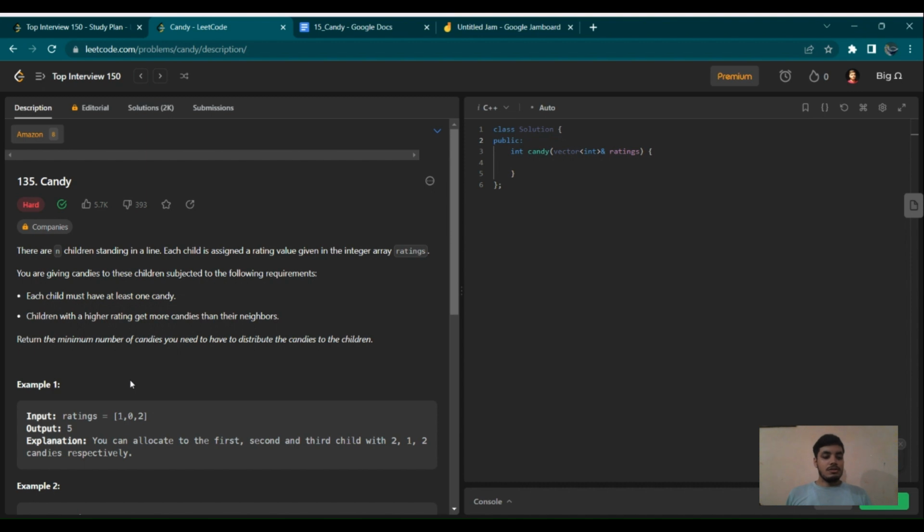So based on this, we have to find out the minimum number of candies we need to distribute to the children. So what is the minimum number of candies we need? We have to find that. So now let's understand this question and how we should proceed.